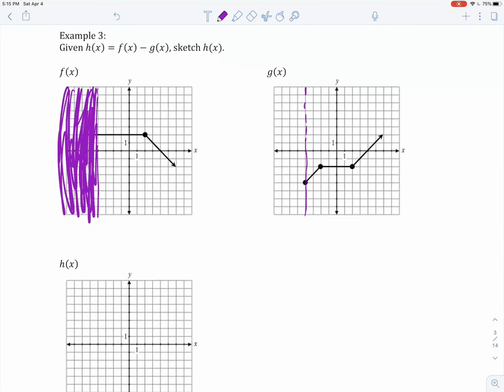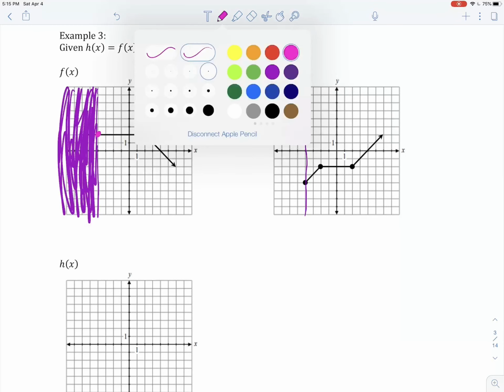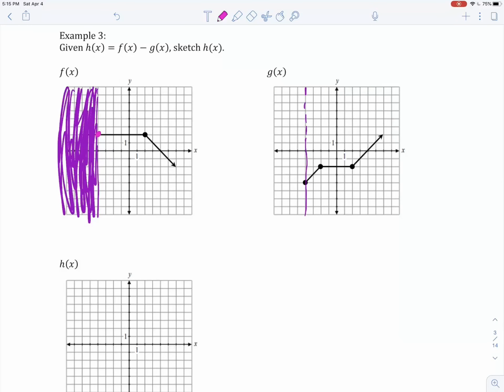Take a moment again, try it yourselves, see how things go. No, wait, I'll show you the first point. Where's my pink at? Remember, we're subtracting now. Here's -2, or here's +2, and here's -4. So when you look at h of -4, what's the value of this difference function when x is -4?